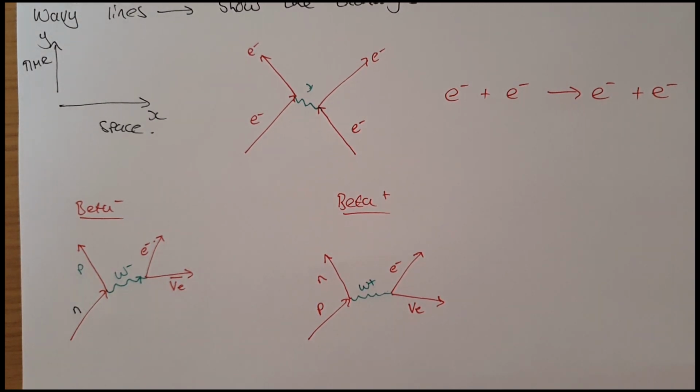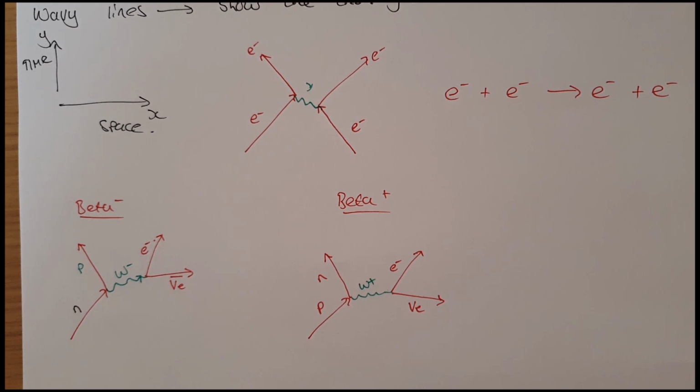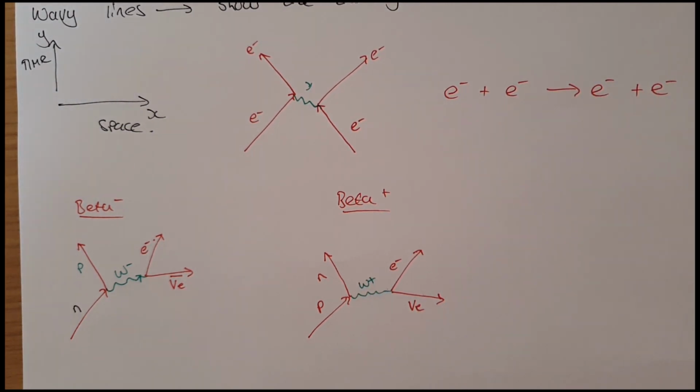They're very easy to draw once you know what's going on. Just learn them. Make sure you can draw them. Make sure you can explain why it's that exchange particle. I didn't mention earlier, but this weak interaction also has a Z0 exchange particle, but the AQA specification does not test it. Only the W minus and the W plus.